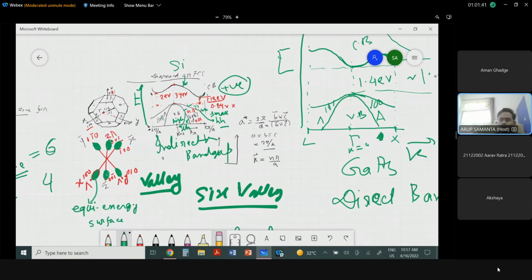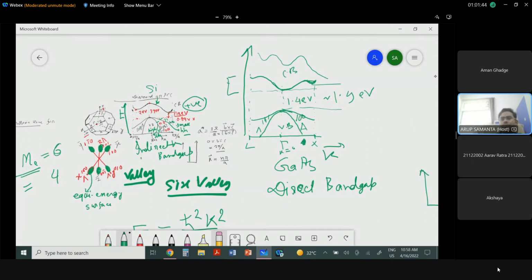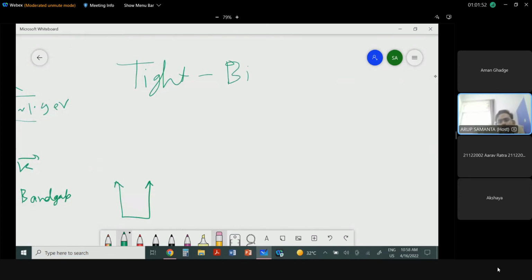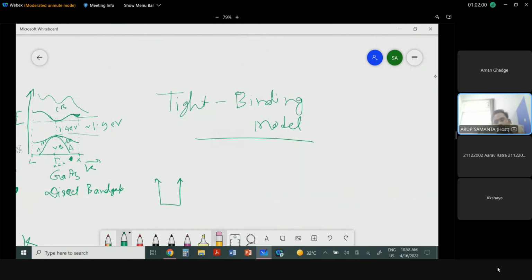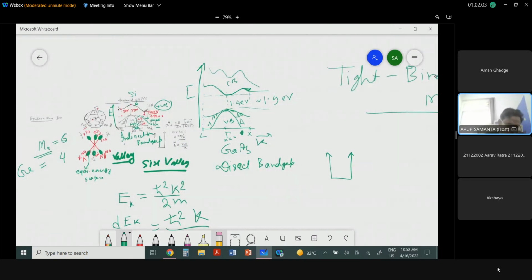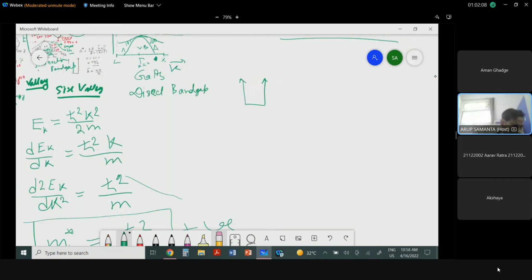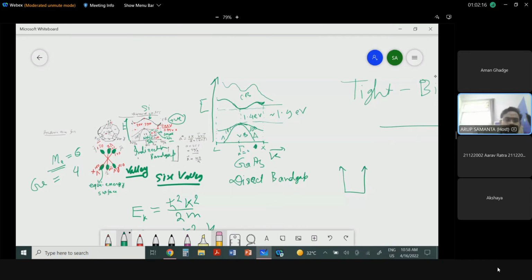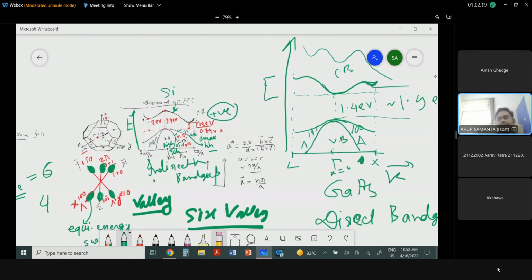For a solid bulk structure, you can use the tight binding model, which is an approximation of the exact model. Using this, we can get the structure using these types of interaction. You can consider the potential due to the interaction of the electron and the nucleus. You could take all this potential for n number of particles, then you can find the exact structure, and then you can get the idea of where the minima is.